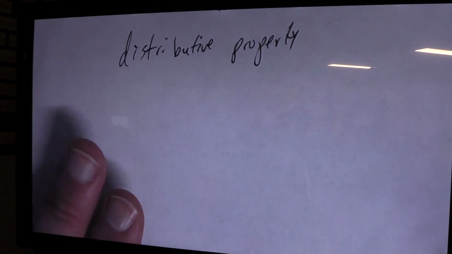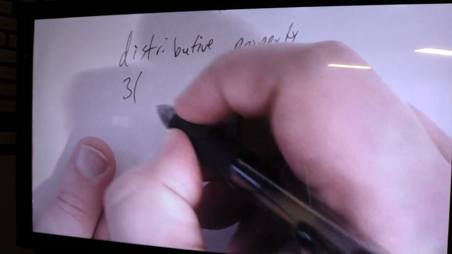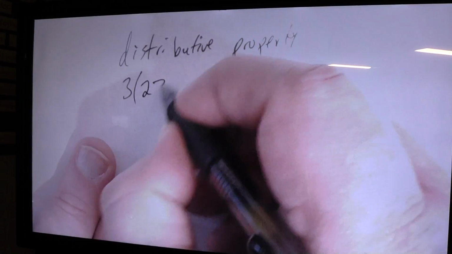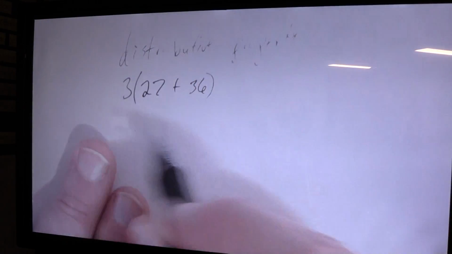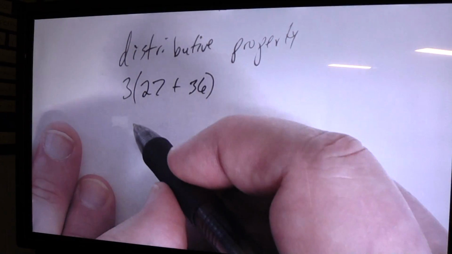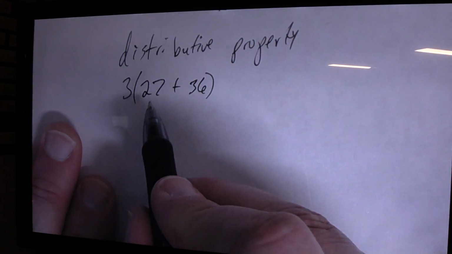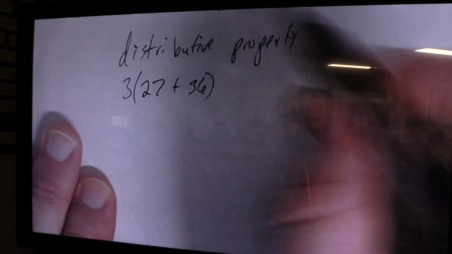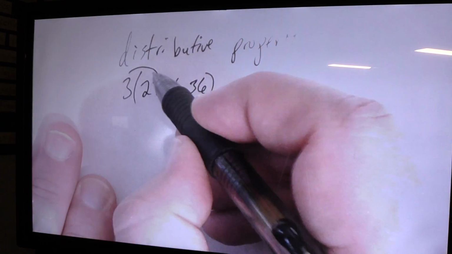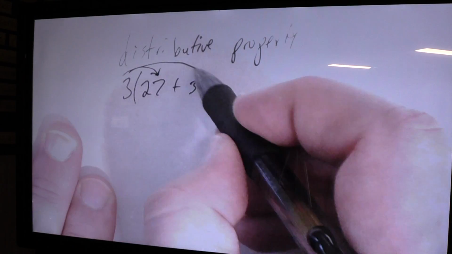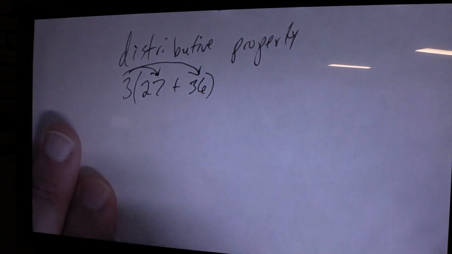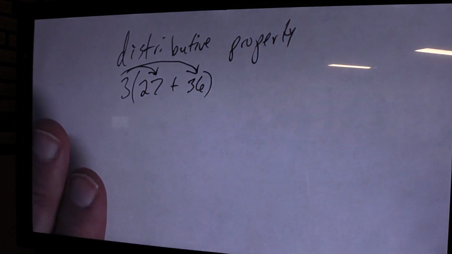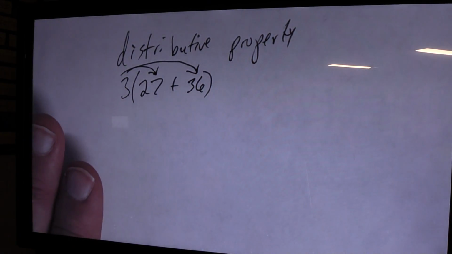For instance, let's say we've got 3 times the sum of 27 plus 36. Because of the distributive property, I don't have to first add 27 plus 36 and then multiply that sum by 3. I could simply multiply the 27 by 3, multiply the 36 by 3, and then add those together to get my final answer.